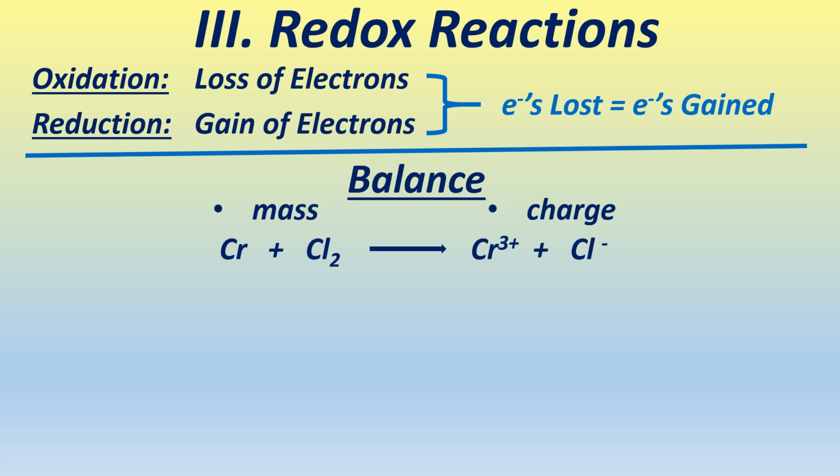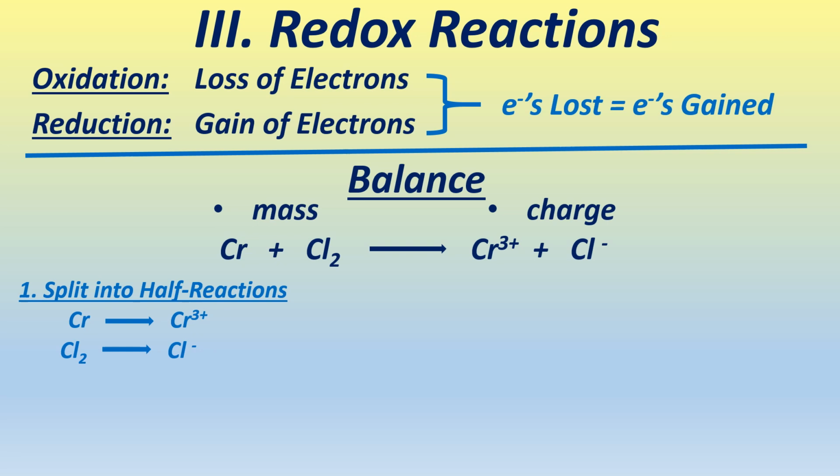However, one has to have a system in order to balance this by breaking it down into small, manageable chunks. The easiest thing to do is first split the reaction in half. One can just read that chromium goes to chromium 3+, and chlorine goes to Cl-.